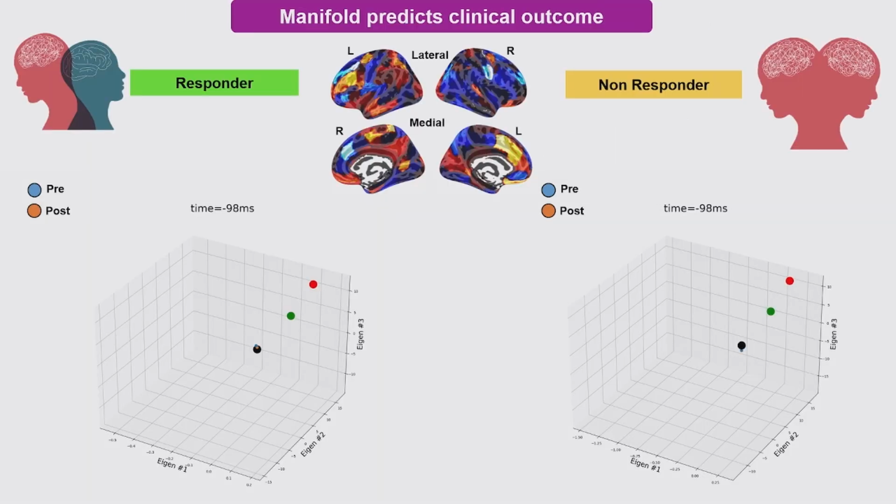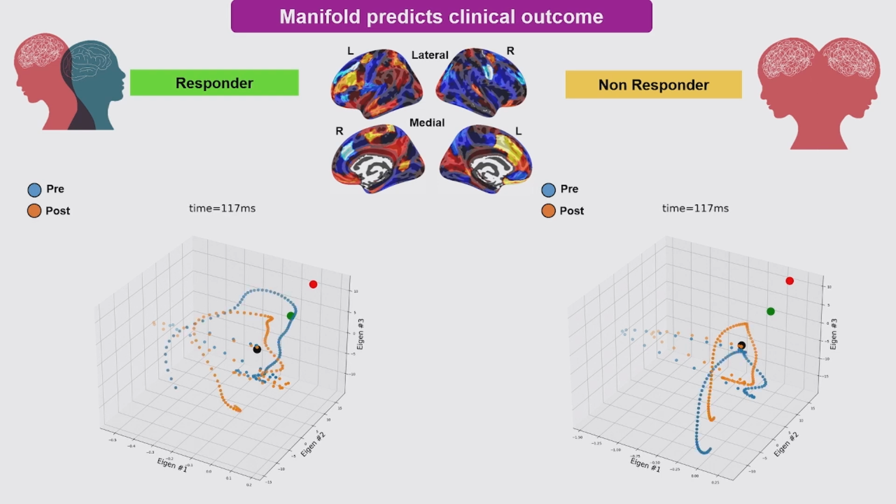So what we did, we took these brain states and we plotted the functional dynamics for the responders and non-responders, and this is for pre and post. At 0 there is the TMS pulse, and this is how the state is evolving through time and space for all these fixed points.